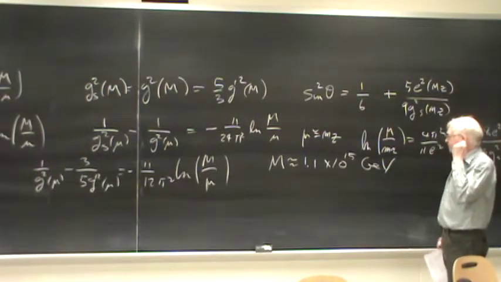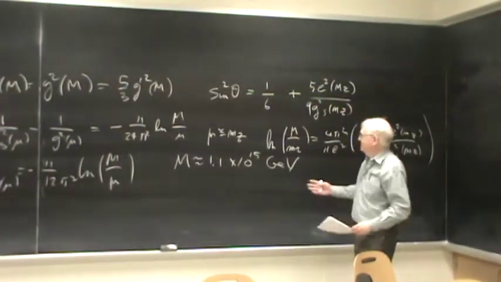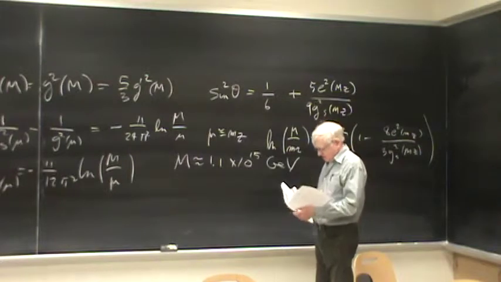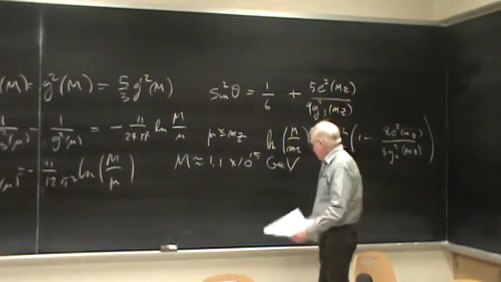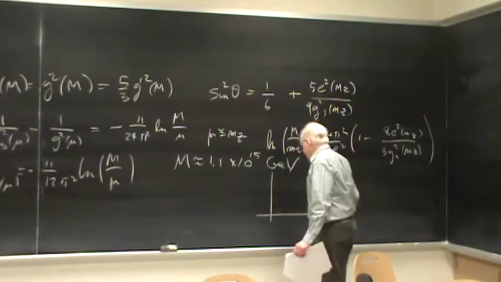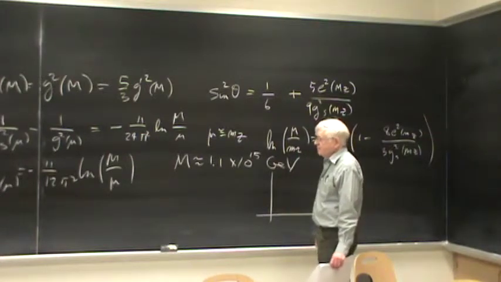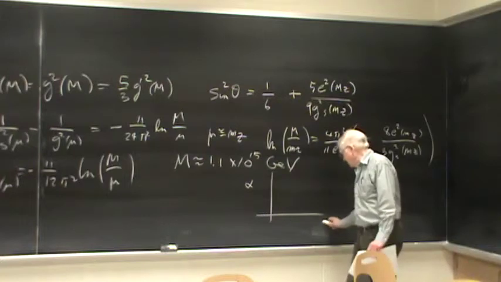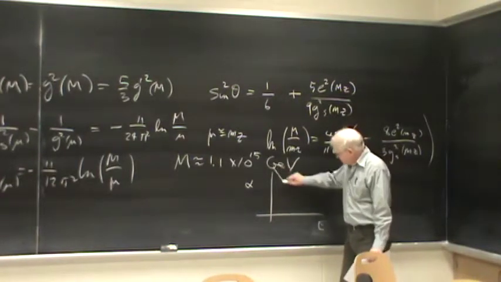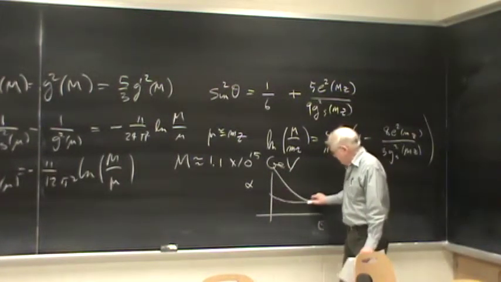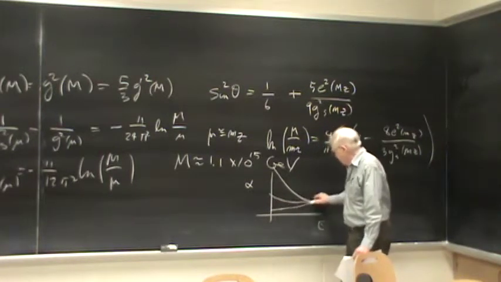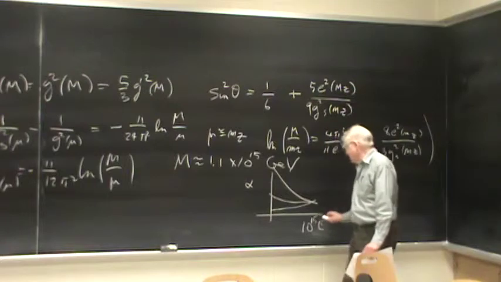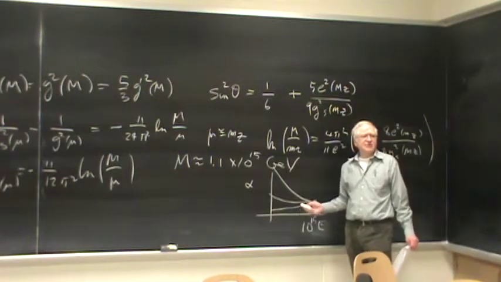First of all, these are these famous, unfortunately there's no diagram here, but basically if you're plotting the various alphas with energy, the strong one goes down, that one goes down, this one comes up, and at around 10 to the 15th, they don't quite meet, but they're in the ballpark.